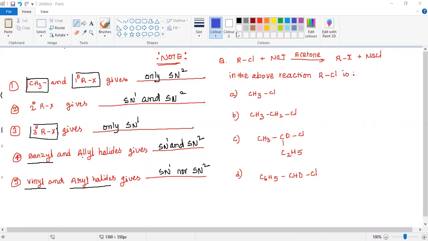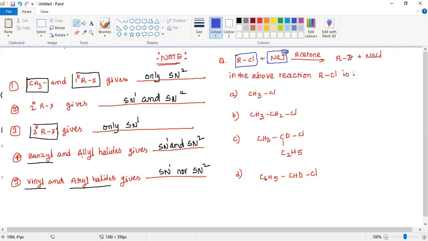Now it is clear to write over here. So when an alkyl halide, like alkyl chloride, reacts with sodium iodide, in which iodide I minus is the nucleophile, whereas chlorine is the leaving group, in acetone.